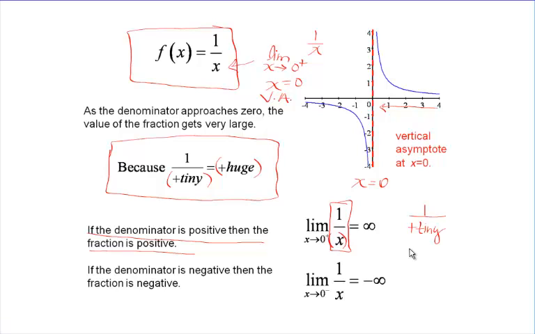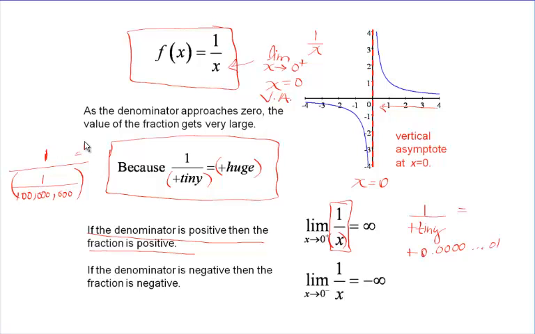A tiny value would be 0.0000 with infinitely many zeros and then 1. That is a super tiny number. If I take 1 and divide it by a really tiny number, and 100 million is not a tiny number, but there's 1/100 millionth, and that's 1 divided by 1/100 millionth.